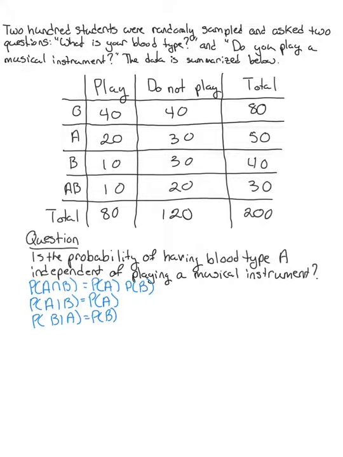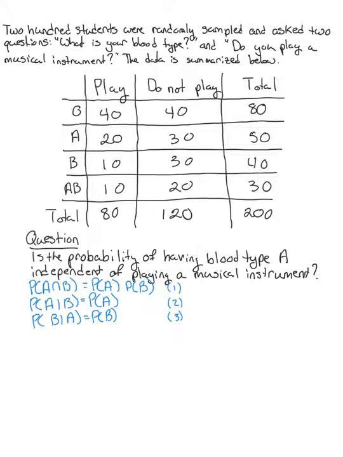So we can solve these problems, and I'm going to label this one number 1, number 2, and number 3. And I'm going to go through each one and show you how you would use the three definitions to show if the person having blood type A is independent of them playing a musical instrument.